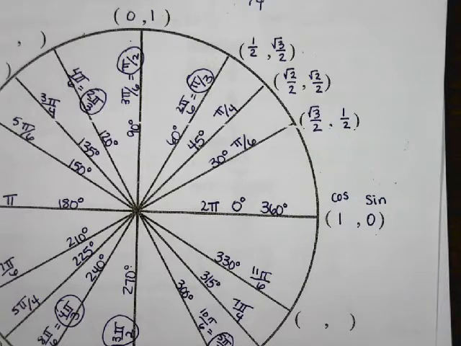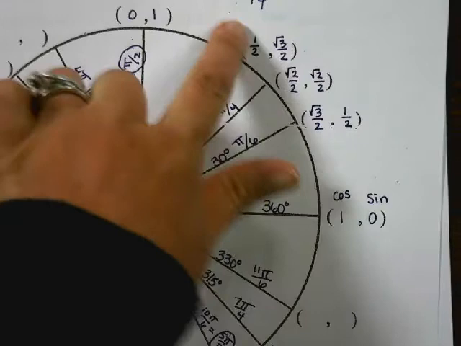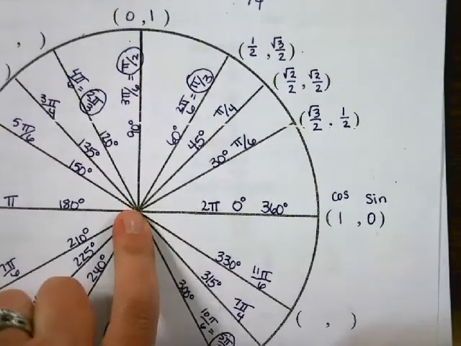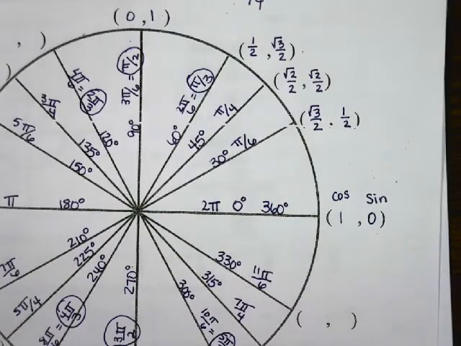Okay, so what did we do? We found the exact values for each one of these guys. Now, remember, it makes a triangle, right? So if you're not sure, make yourself a 30, 60, 90 triangle. I want to show you one I have here.